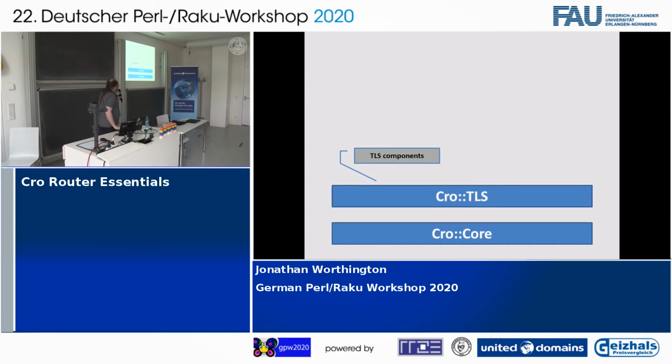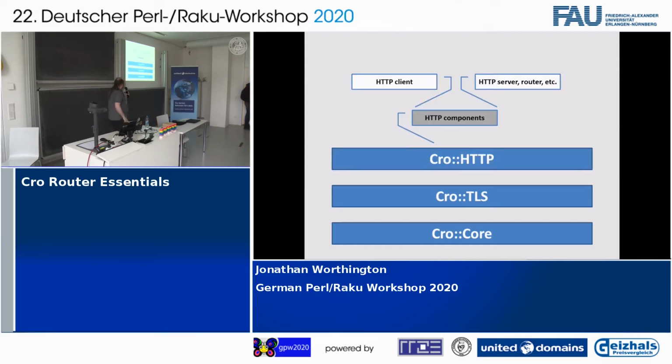On top of Cro Core, we have Cro TLS, which is for providing transport layer security using OpenSSL. On top of that, we finally reach something that you might want to use. This actually has a bunch of plumbing components for HTTP, and then the bits in white are the user space stuff, if you like, and there's a HTTP client, and then there's a HTTP server and the router, and that's largely what I'll talk about today.